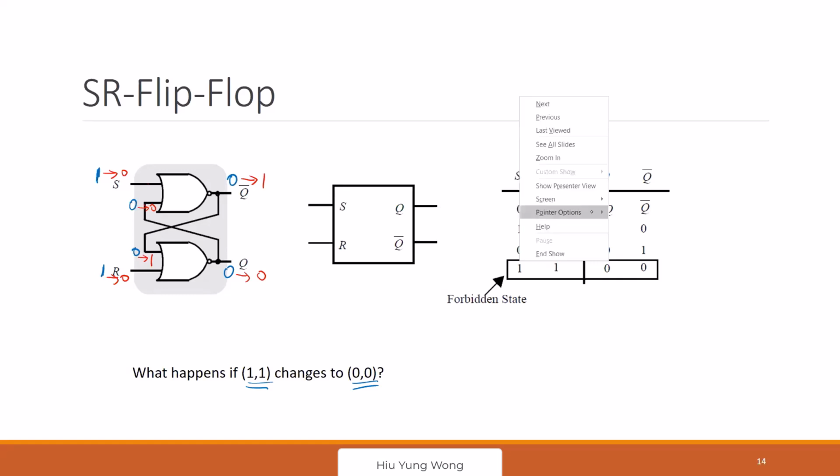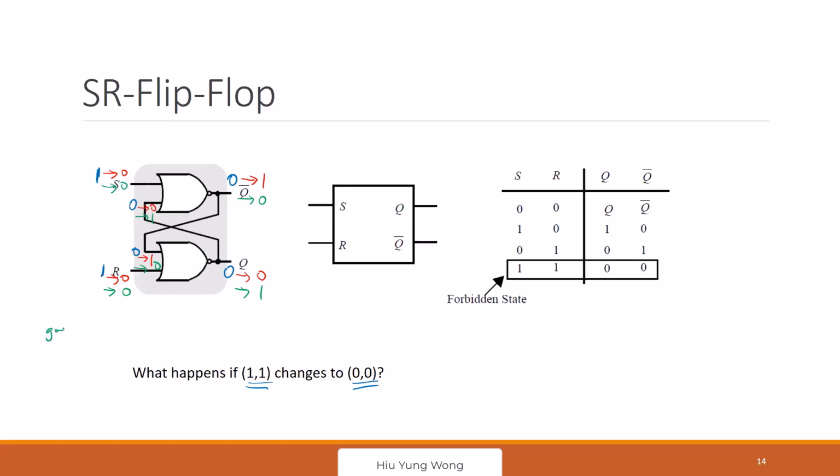But in this case, I assume the top one is faster. But what if the bottom one is faster? When this becomes 0, then this one will become 1, right? Because I have 0 here, and originally it was 0, so this is 1. And so this one becomes 1. And then if this is 1, this is going to be 0, right? And then this one becomes 0, which will still give me 1, right?